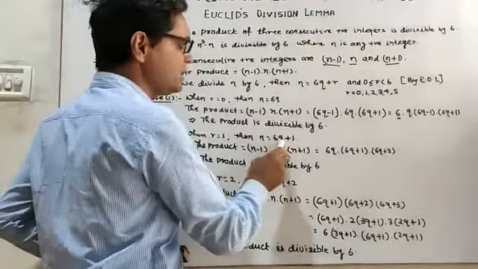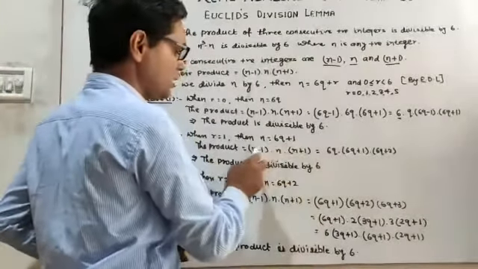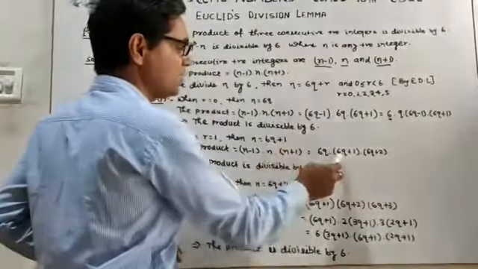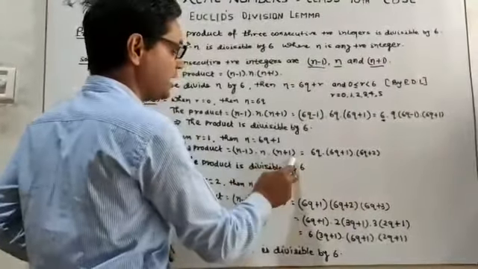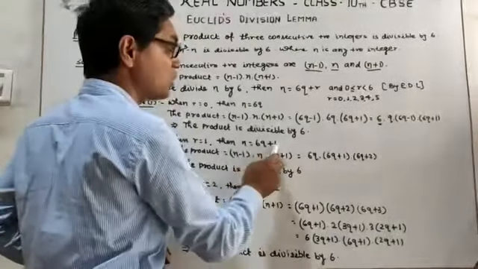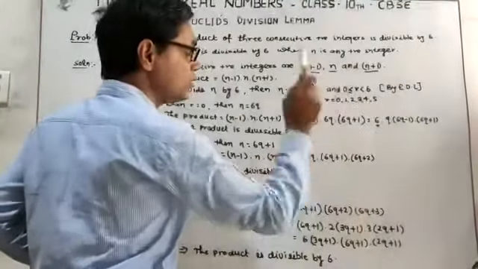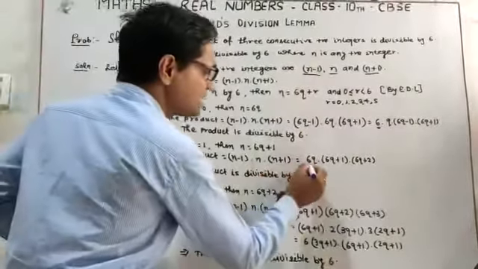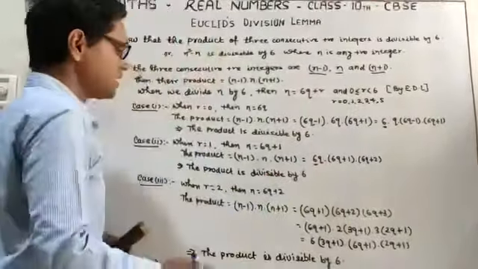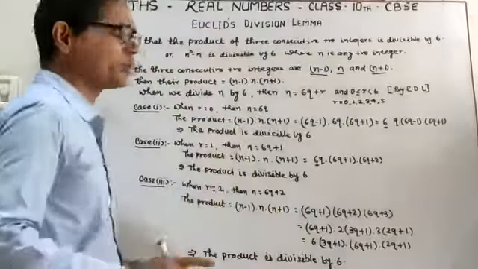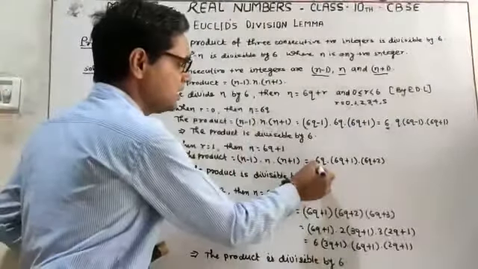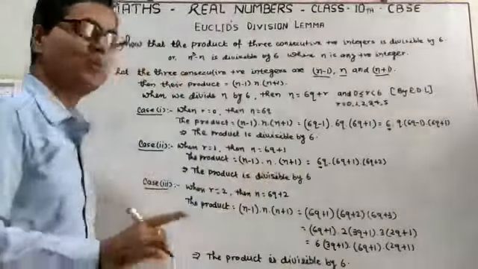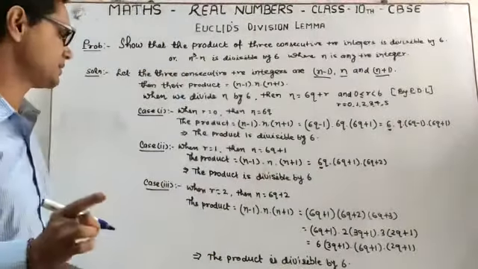Since n is equal to 6q plus 1, therefore n minus 1 will be equal to 6q, n is 6q plus 1, and n plus 1 means 6q plus 1 plus 1, that means 6q plus 2. In this case, 6 is a factor of this product, so this product will be divisible by 6.